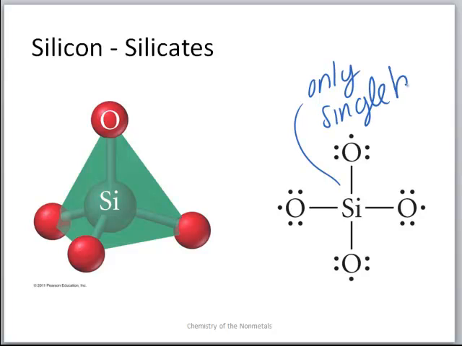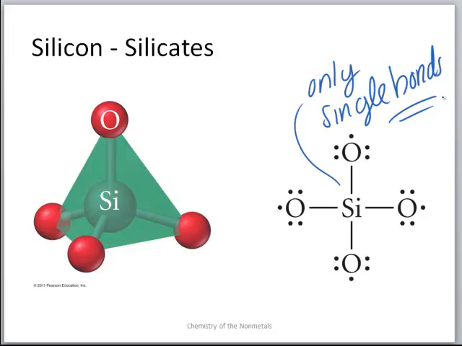The reason is that the sigma bond between silicon and oxygen is too long for stable overlapping of unhybridized p orbitals between oxygen and silicon. Since they're further away, a stable bond just doesn't form, so primarily silicon forms single bonds with oxygen.